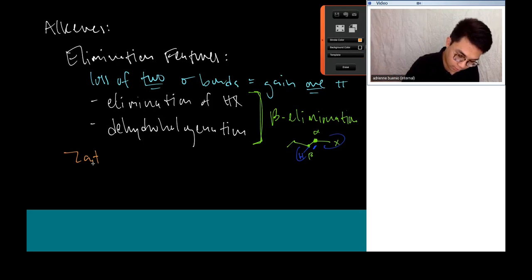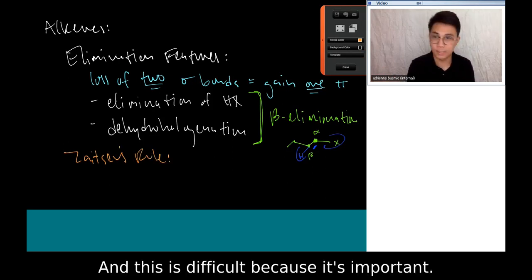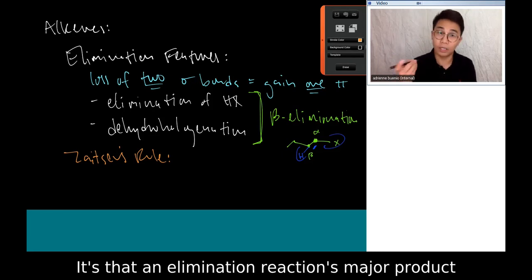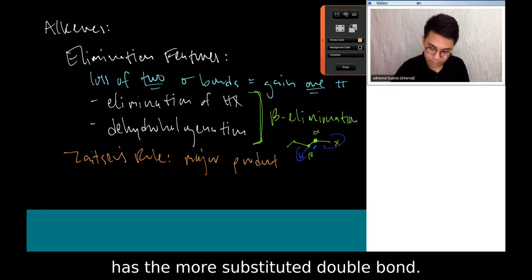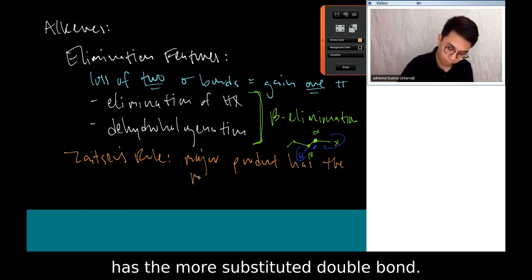Zaitsev's rule. And this is in a different color because it's important, right? It's that in elimination reactions, the major product has the more substituted double bond.